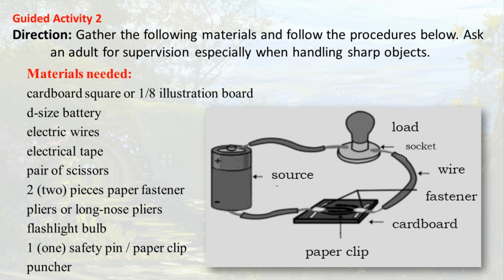Materials needed: cardboard square or 1/8 illustration board, D-size battery, electric wires, electrical tape, pair of scissors, 2 pieces paper fastener, pliers or long nose pliers, flashlight bulb, 1 safety pin, paper clip, plunger.